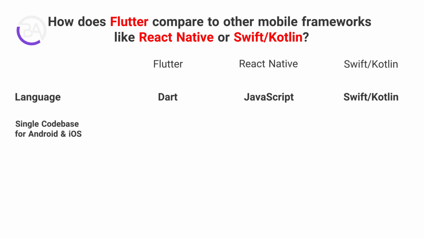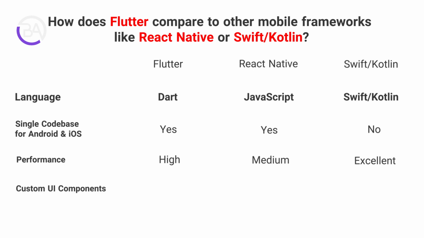For a single code base for Android and iOS, Flutter is supported, React Native is also supported, but Swift and Kotlin, no. Performance: Flutter is high performance, React Native medium, and Swift and Kotlin excellent.